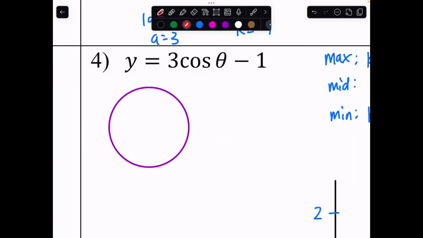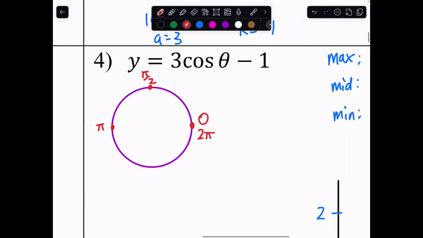Okay, so everything we've done so far, the first key angle starts on the right. That's 0 radians. All the way around is 2 pi. Halfway around is pi. Halfway through the first half is pi over 2.